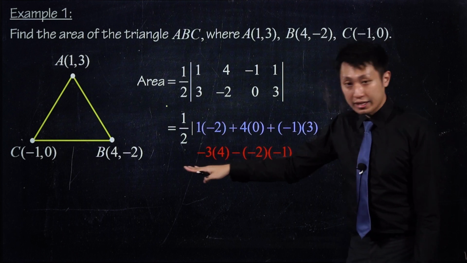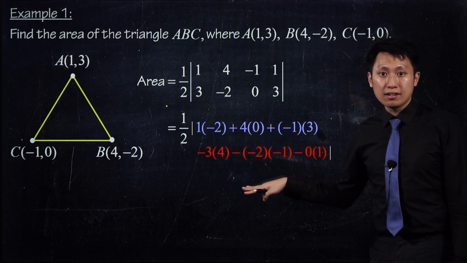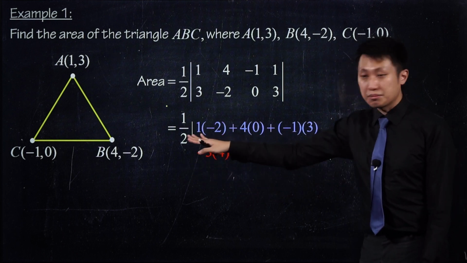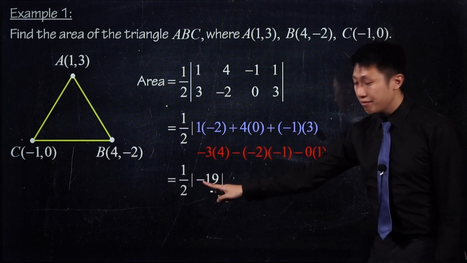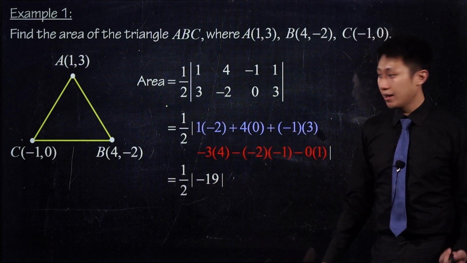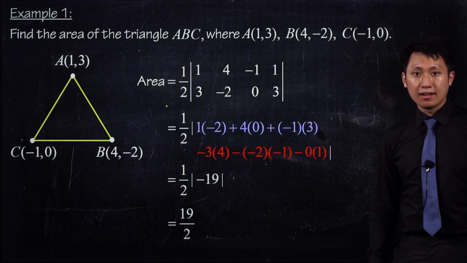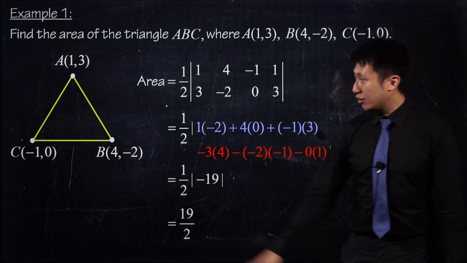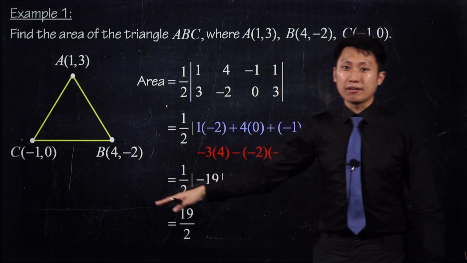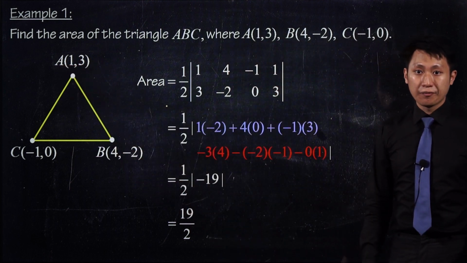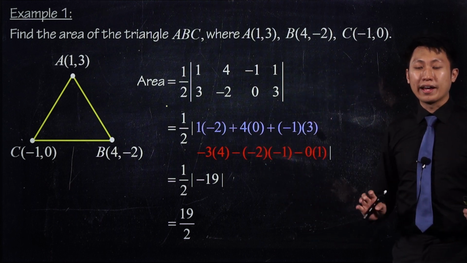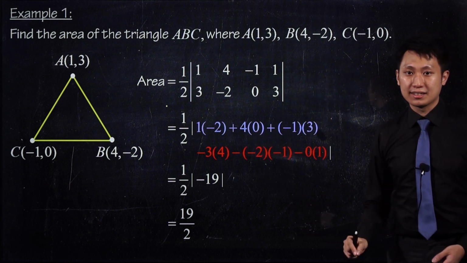I denote this one with red color because it's minus, so this one is a positive. So eventually I get negative 19 inside, which makes sense, okay? And you get 19 over 2 unit squared. That's how you can do it. You don't need this one, but you draw this out so that you get a feeling of how it looks like, but not the exact location.